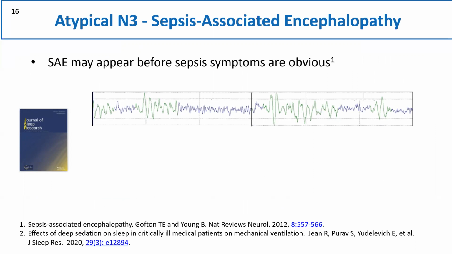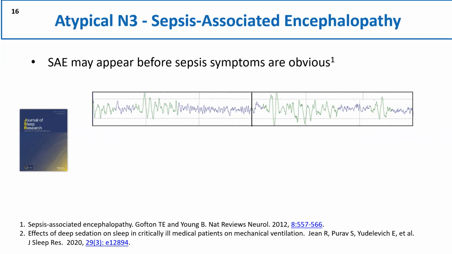Now, we discovered this biomarker when we did a study at Mount Sinai a few years back. Although patients were mechanically ventilated, and on or off medications, we saw patterns of a lot of what was getting auto-characterized as N3 sleep, and it didn't look quite right.